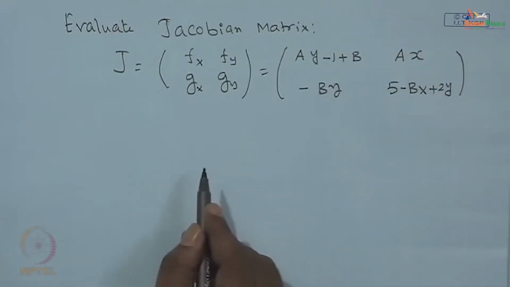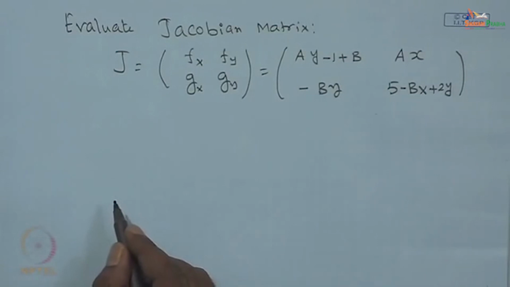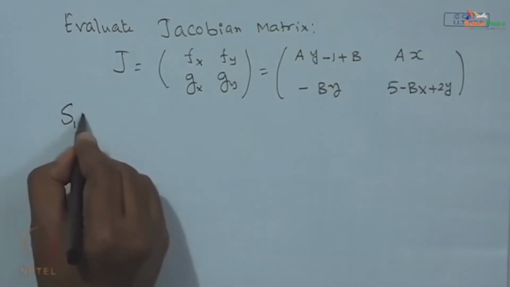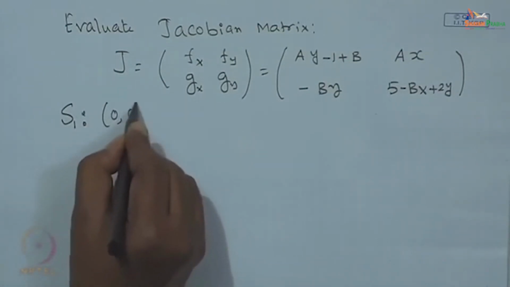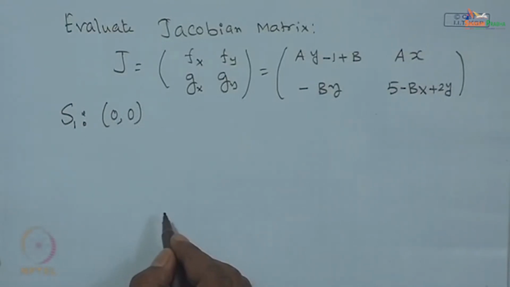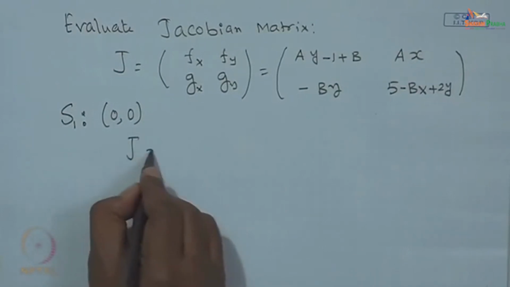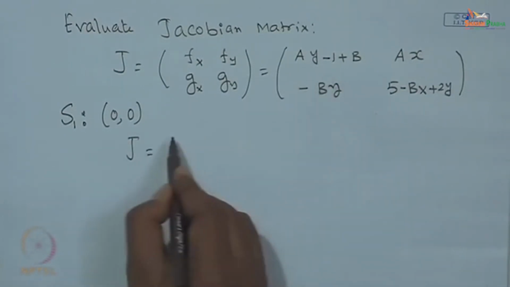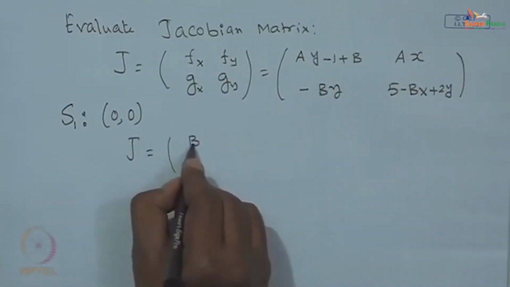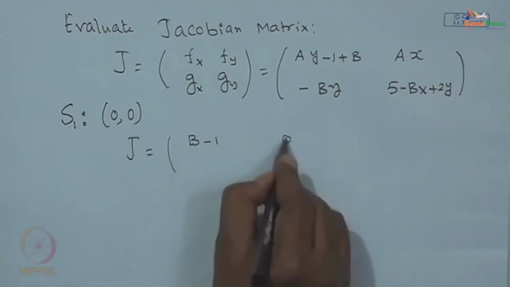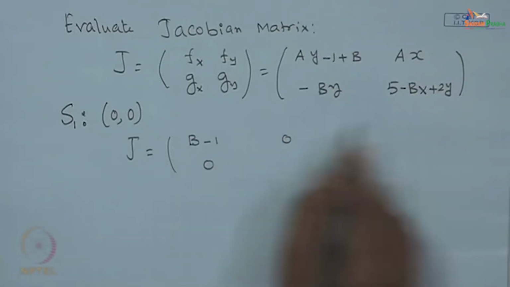So, this is the Jacobian matrix. Now, we take up one steady state after another and check the stability. So, (0, 0) is the first steady state, we check the stability of this one. So, evaluate the Jacobian matrix at (0, 0). This becomes [b - 1, 0; 0, 5].